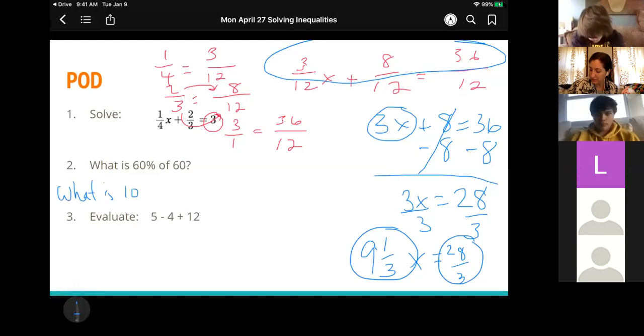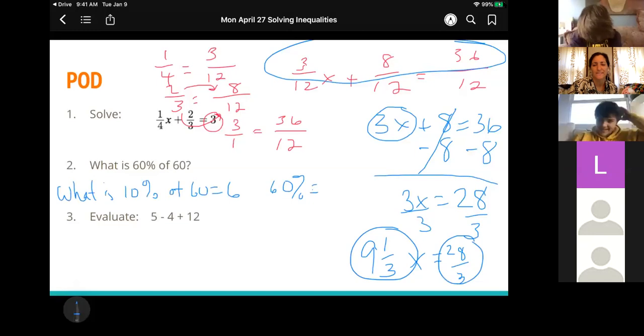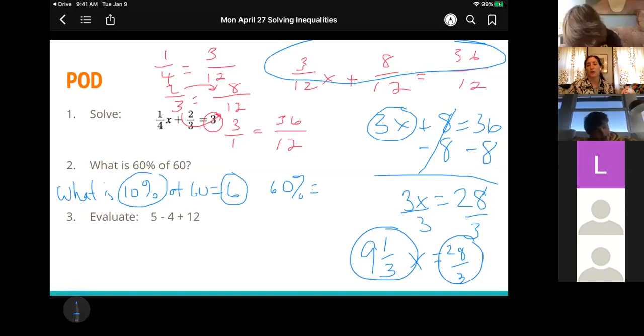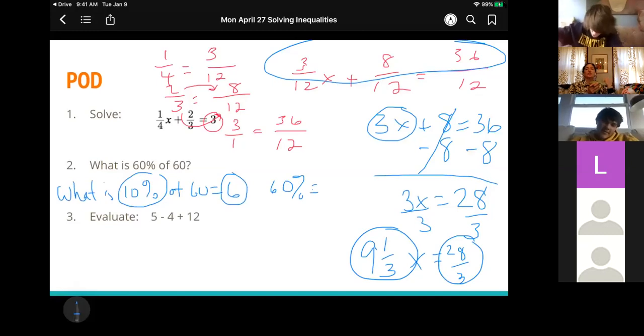So 60%. Paul, what do you think 60% of 60 would be? I don't know. Well, let's try that this way. If 10% is 6, and you have 60, which is 6 10%s. What could you do with that 6? 10% is 6. 20% would be 6 plus 6 gives us 12.